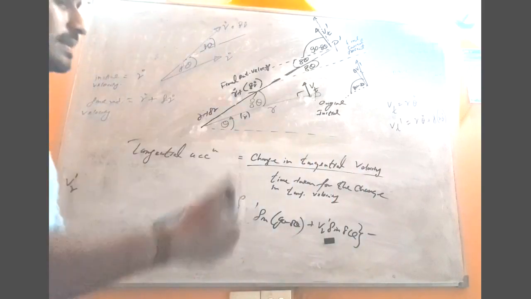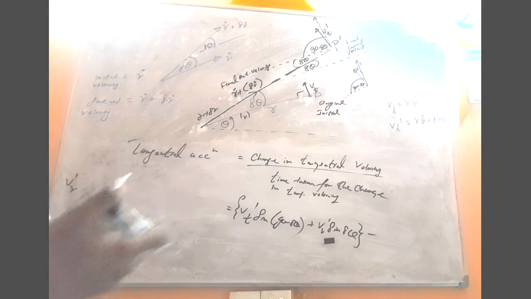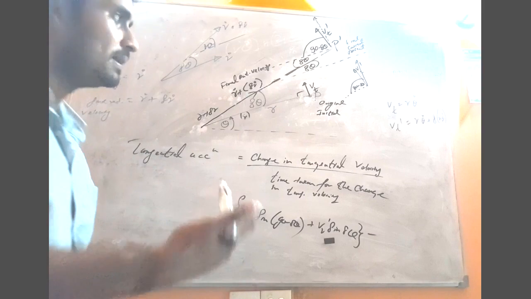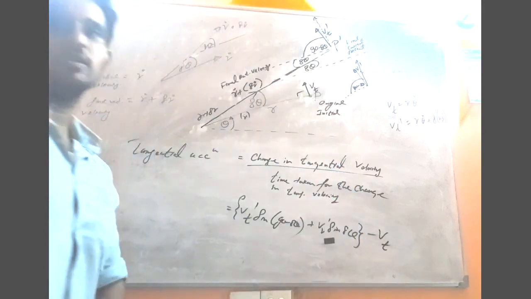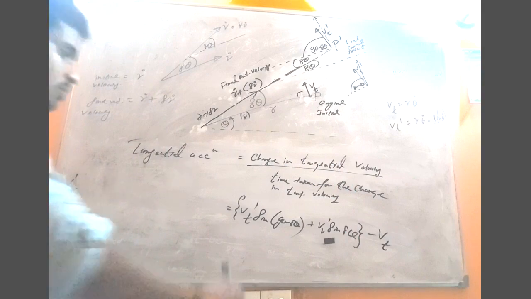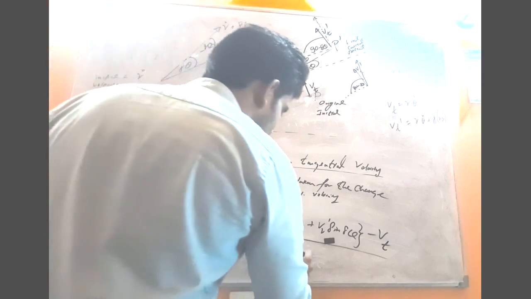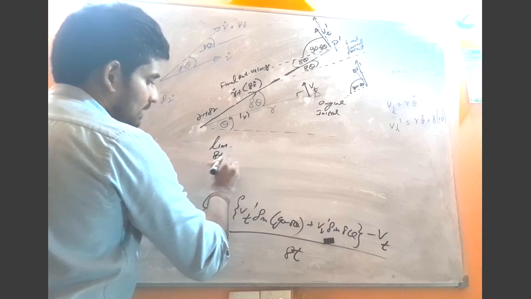Now all the time change is final minus initial. So what is the initial tangential velocity of this position of the particle? That will be Vt, right? I hope you got it right. So divided by the time taken for that change. So that will be limit delta t tends to 0.